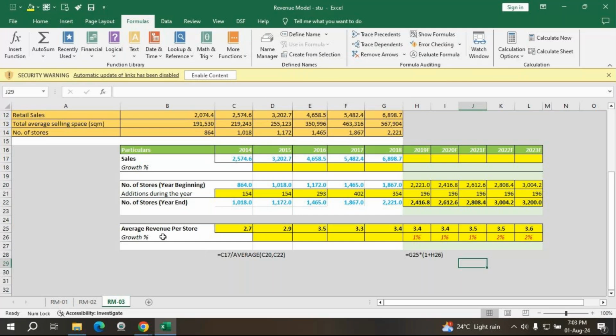So first I need to calculate the average revenue per store, then I can check how many stores were added year on year, and based on that I will know the sales and the sales growth percentage. That's why we are doing it in reverse order.